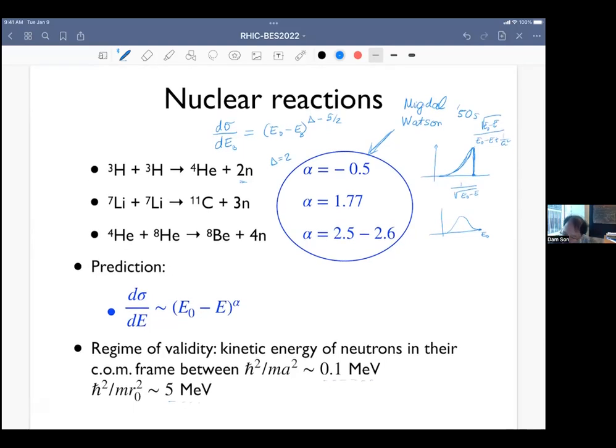In this particular case one can actually go all the way to the threshold. In the case of 3 and 4 neutrons, we still don't have a similar formula that would be valid not only in this regime between 0.1 MeV and 5 MeV, but also below 0.1. I think that is possible to derive.